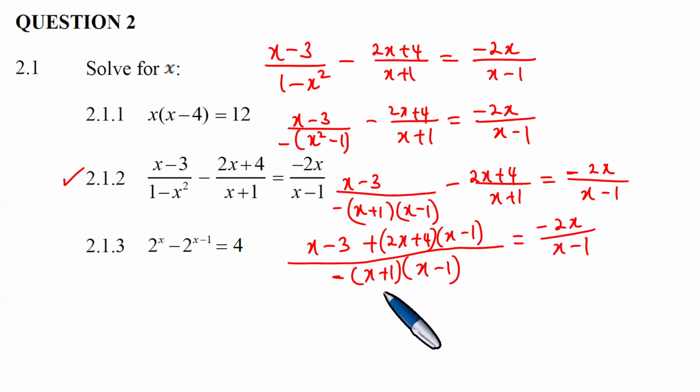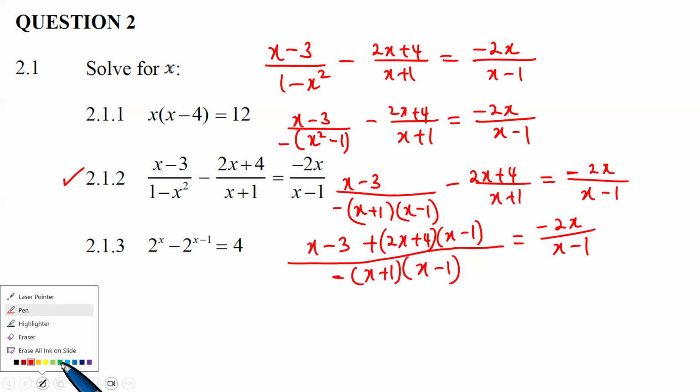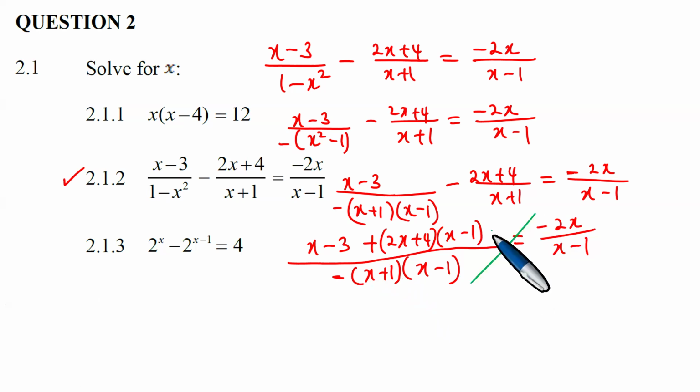But when you get to this point, what we recommend is to cross multiply like this. If you cross multiply like that, this x minus 1 goes to this side, and this one goes to the other side.